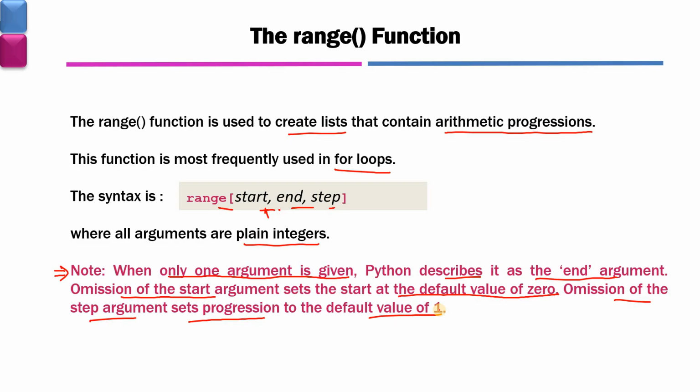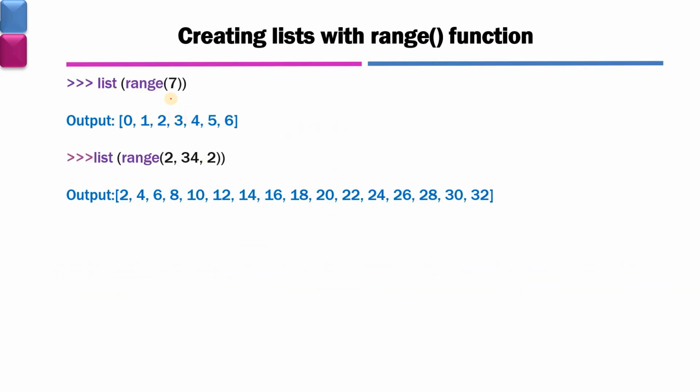Now, how shall I write? List range 7. Now, what is range 7? As I told you, when only one argument is given, Python describes it as an end argument. That means here 7 is the end argument. Understood?